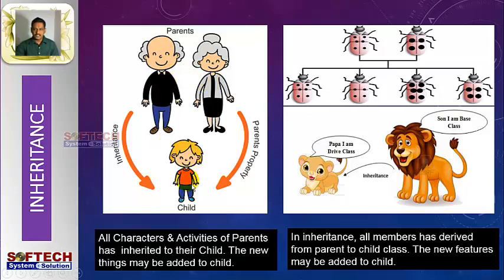So the child is inherited from those parents. The parents' properties are copied to the child. The habits, activities and characteristics of the parents are stored in the child. In natural terms, in scientific words, it is stored in DNA.